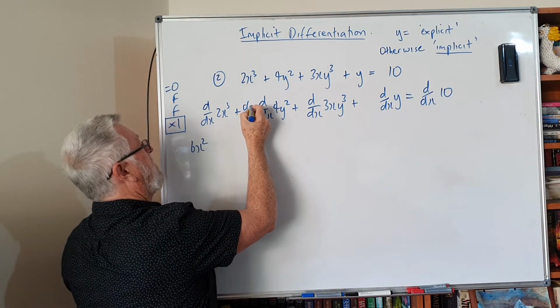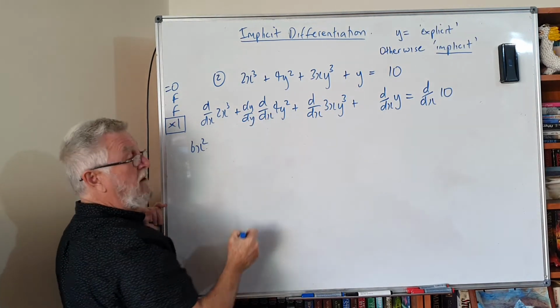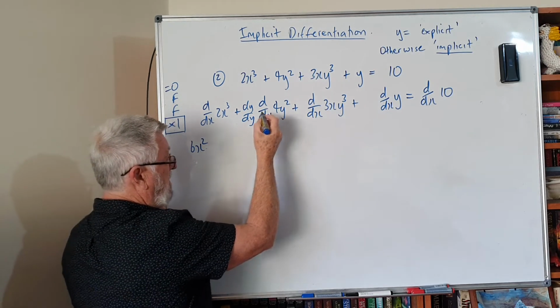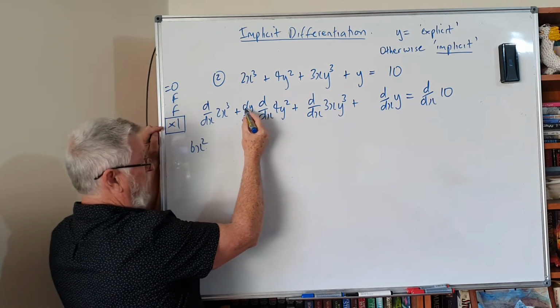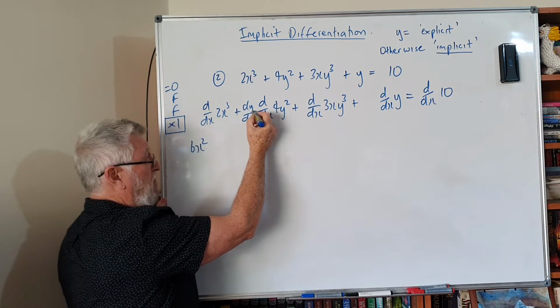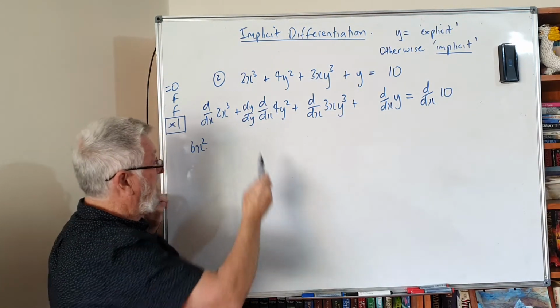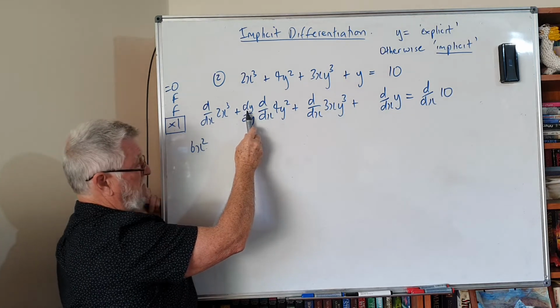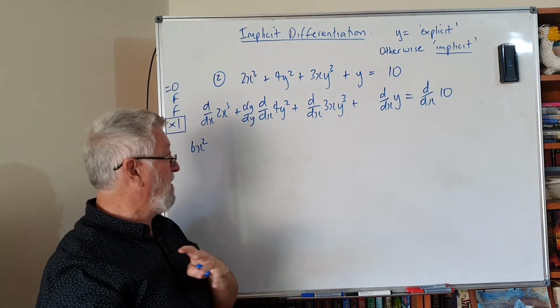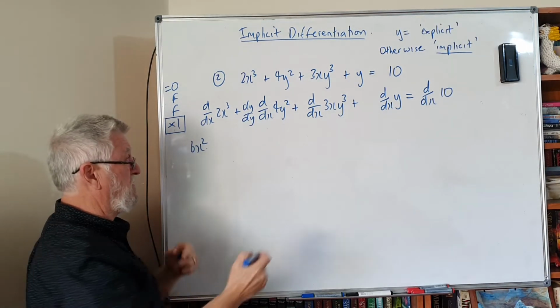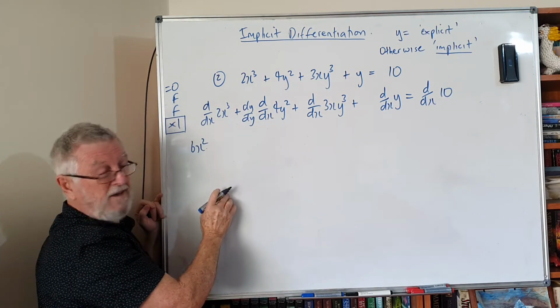If I write a dy by dy there, what I'm actually doing is putting in a times by 1. A lot of times we don't write multiplication with the derivatives because they're actually the limit, as it's getting closer and closer to a certain point. But for practical purposes, we can just treat it as a fraction.